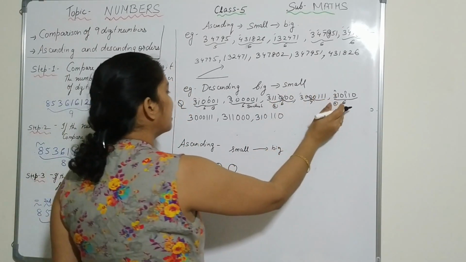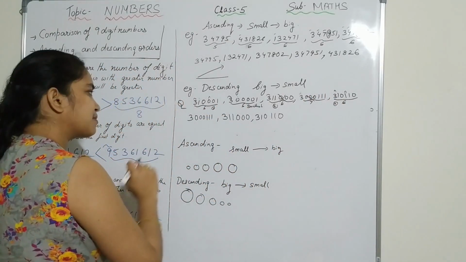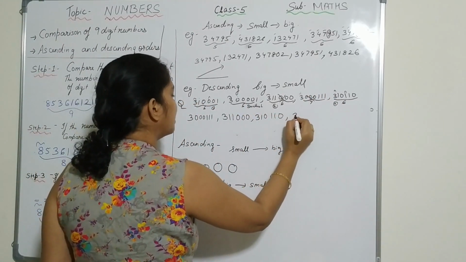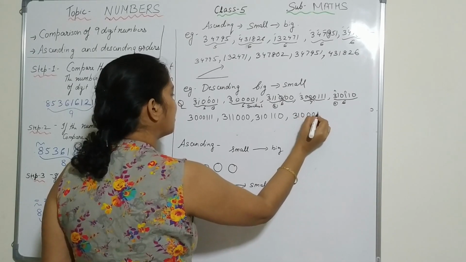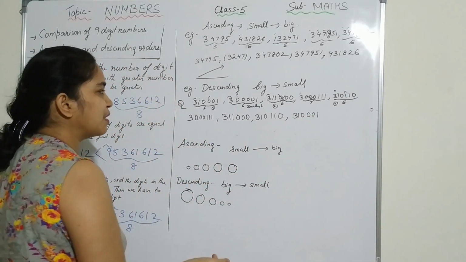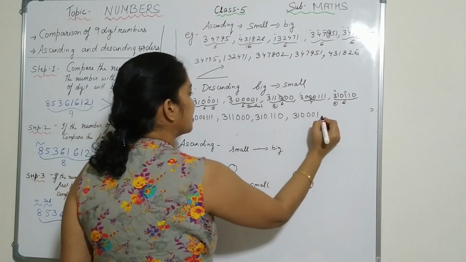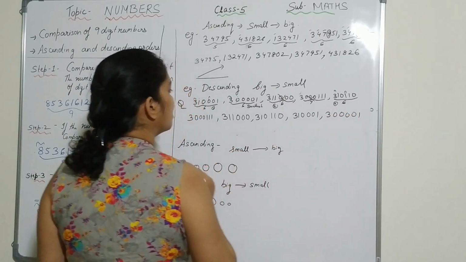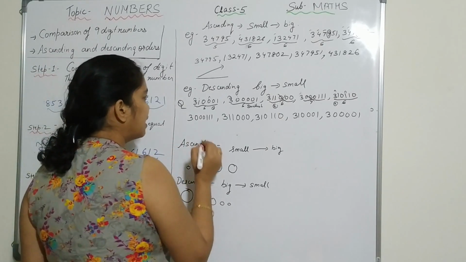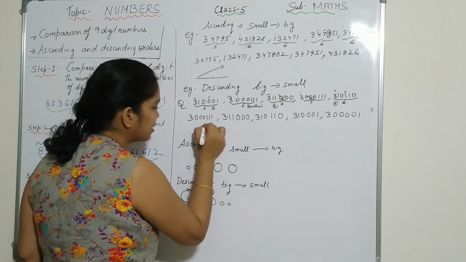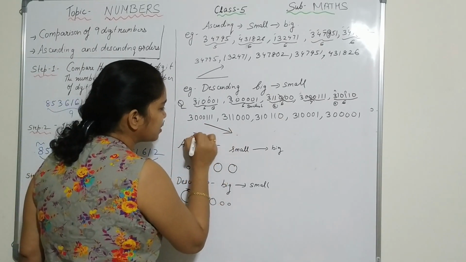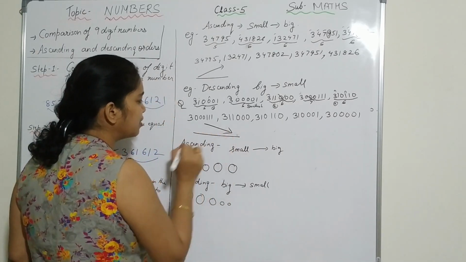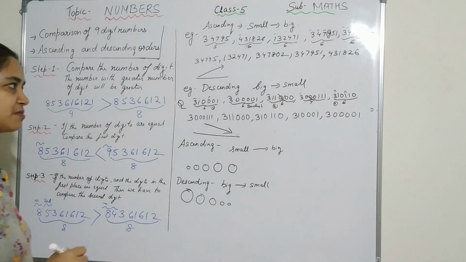Now this one is greater and this one is smaller, so you write after that 310001, and you have found the smallest one. Which one is the smallest? Yes, 300001. So you have arranged it from the bigger number to the smaller number.